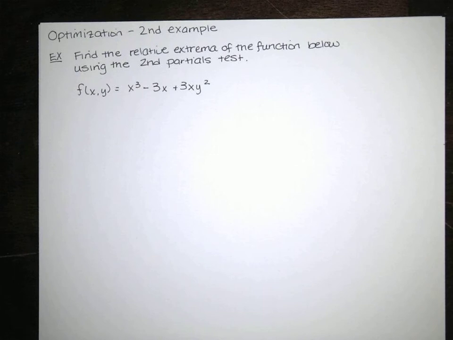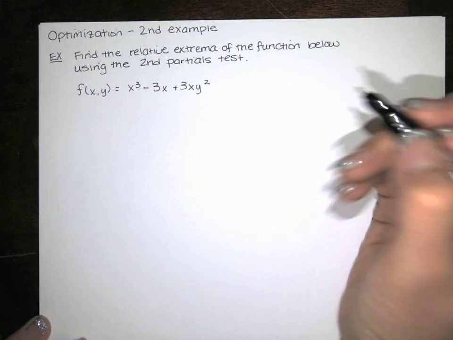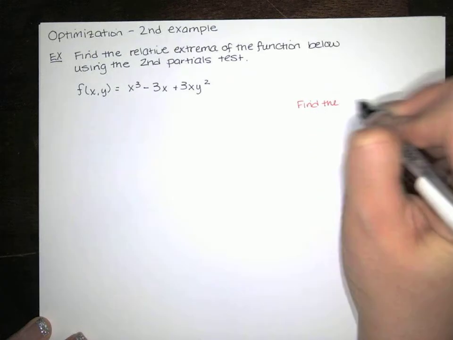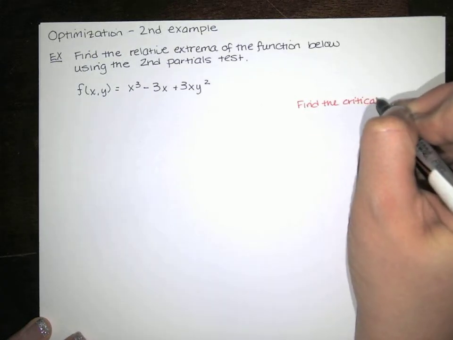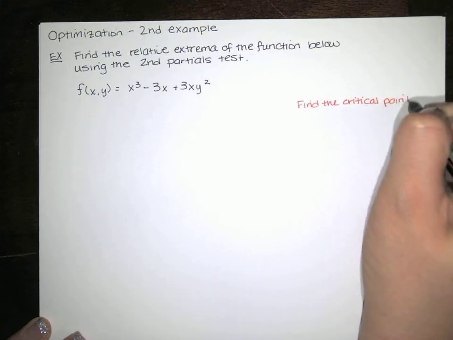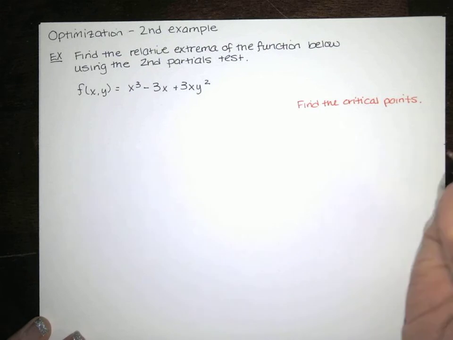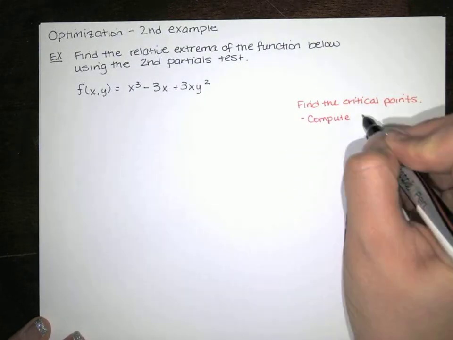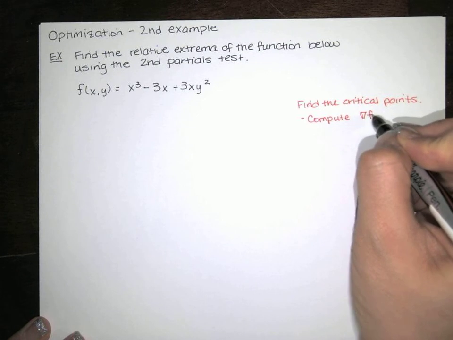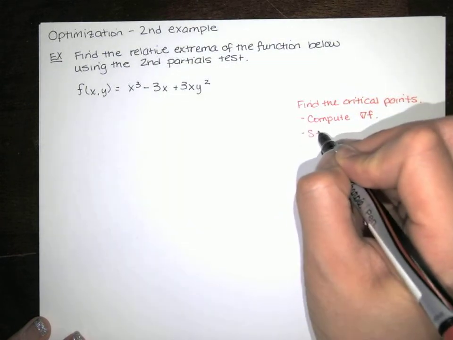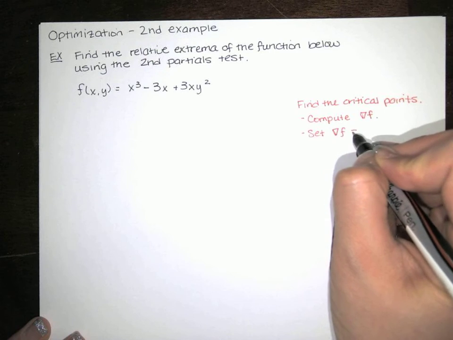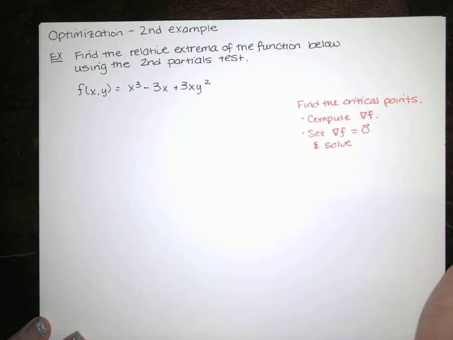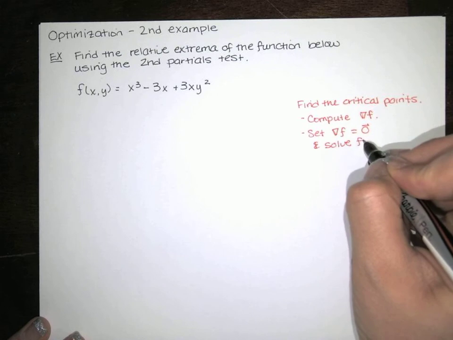Okay, I'm trying to find extrema of this function. The first thing that I need to do is find the critical points of the function. And remember, in Calculus 3, when you're finding critical points, that means you have to compute the gradient of your function and then set the gradient equal to the 0 vector and solve the system of equations that results for x and y.